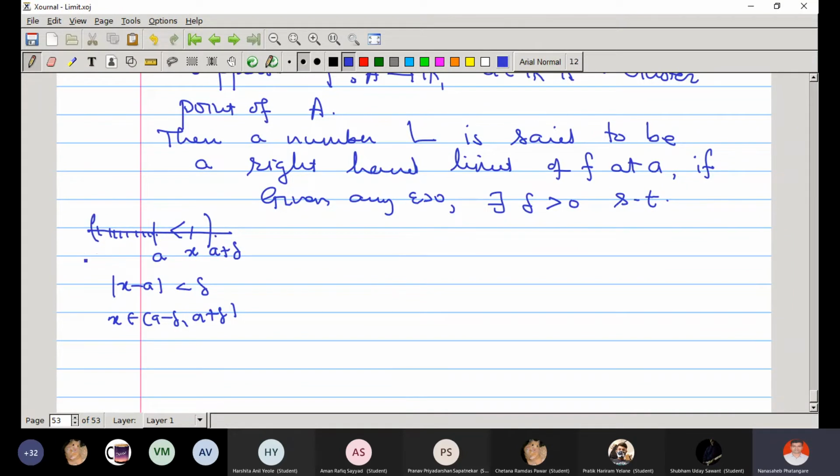I am not interested in a minus delta to a. We are not interested in this part and we are interested in this part. So for every epsilon there exists delta, same definition, only we are interested in the right hand side. So such that x belongs to (a, a plus delta) implies the distance between f(x) and L is less than epsilon.